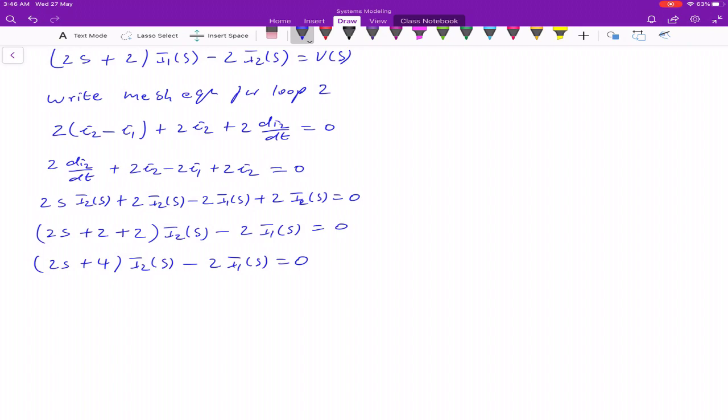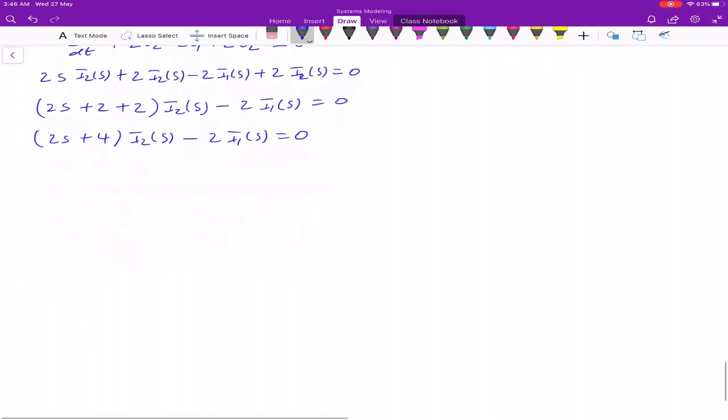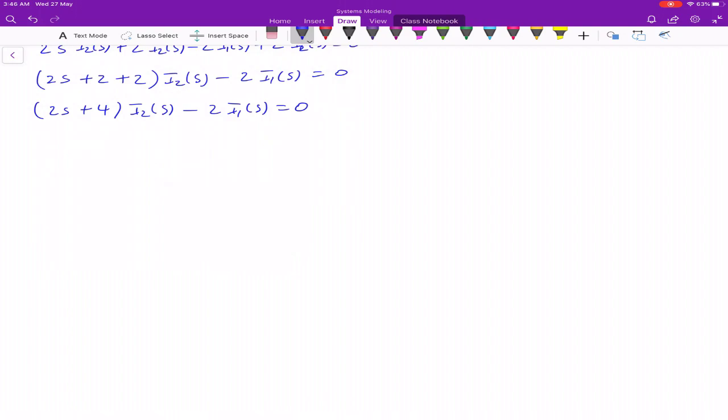So we have our two equations, and let me write down the equations properly so that we can use Cramer's rule. The first equation we had, I'll write it in green: 2s plus 2 times I1 of s minus 2 I2 of s is equal to our supply voltage.